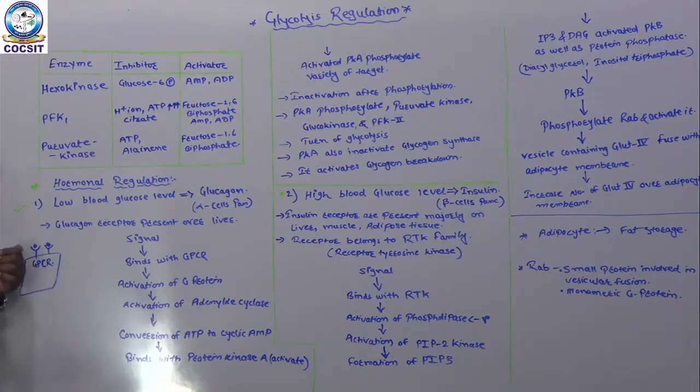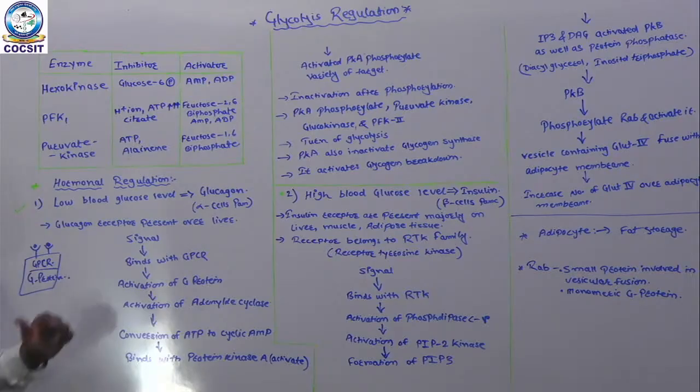As soon as glucagon attaches to this receptor, it will activate G protein, because these are G protein coupled receptors which are present on the liver. As soon as glucagon attaches to these receptors, it will activate the G protein.